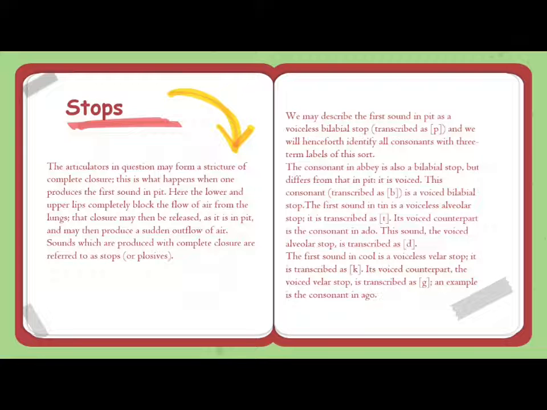Sounds which are produced with complete closure are referred to as stops or plosives. We may describe the first sound in pit as a voiceless bilabial stop, transcribed as p. And we will henceforth identify all consonants with 3-term labels of this sort.